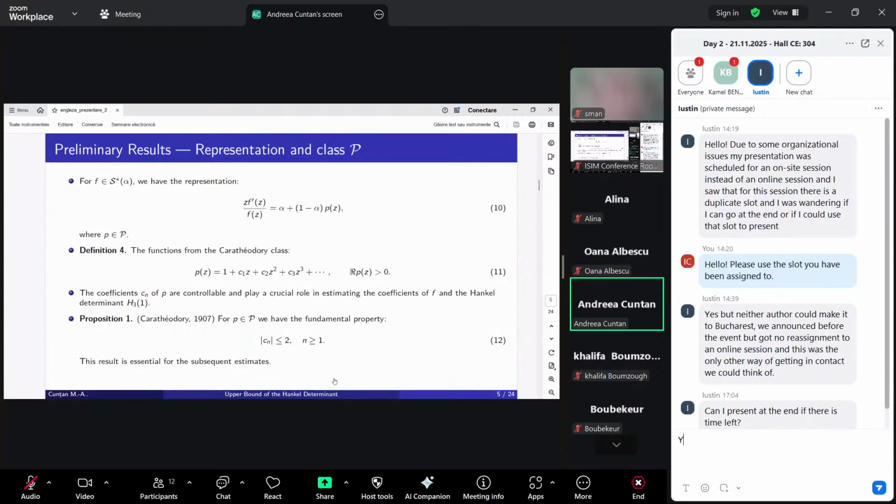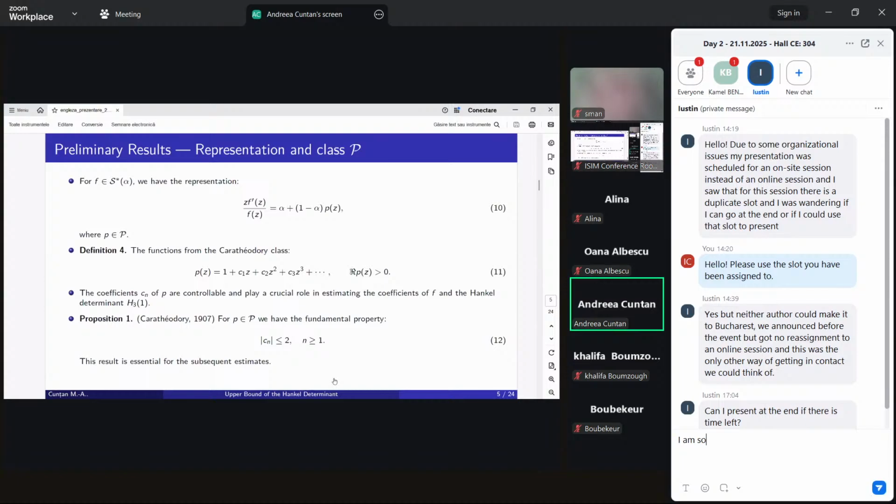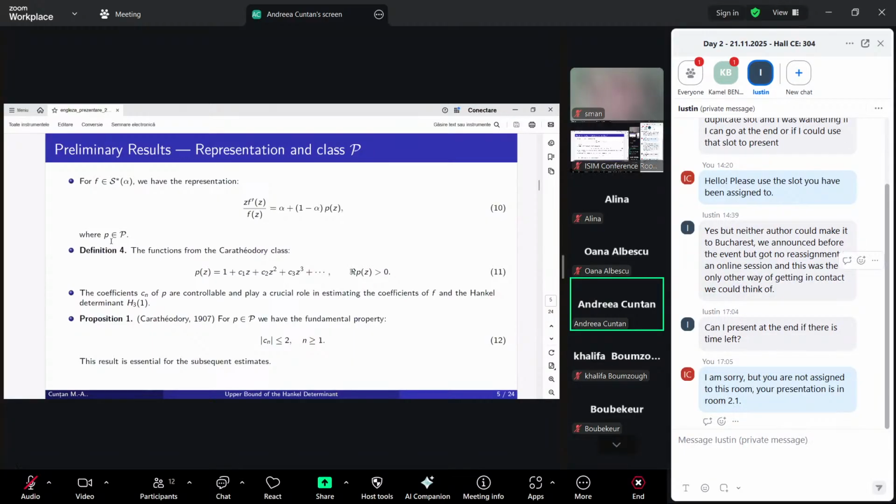Preliminary results. If f belongs to star-like, you have the representation equation where p belongs to the class P. Definition of the functions of the Carathéodory class in the next relation.